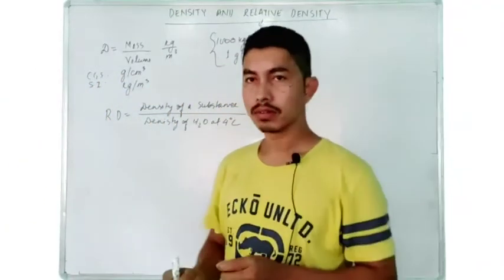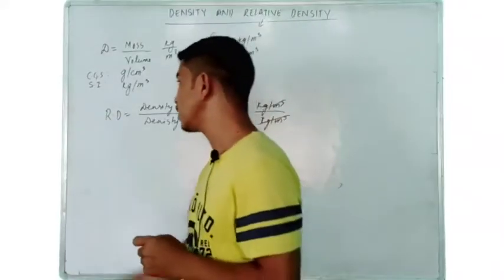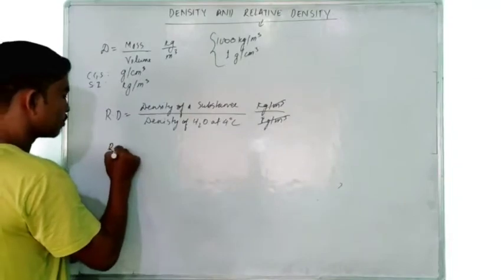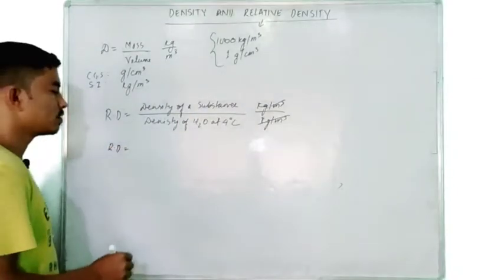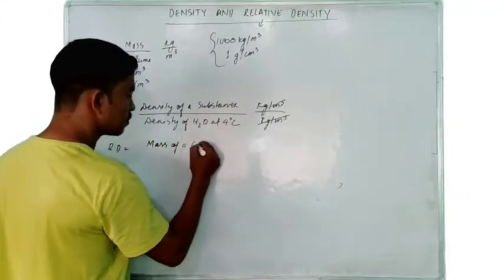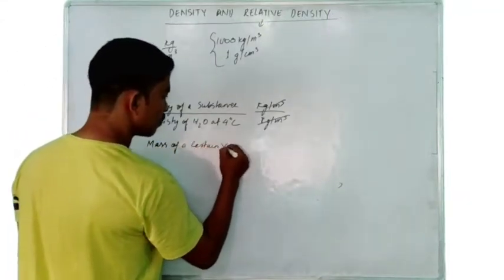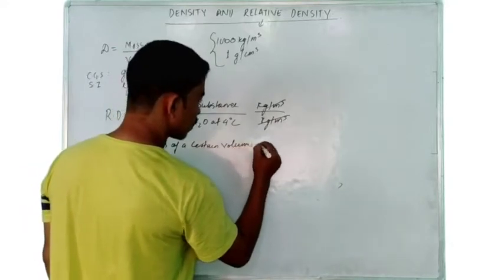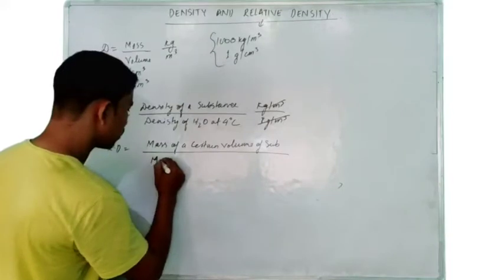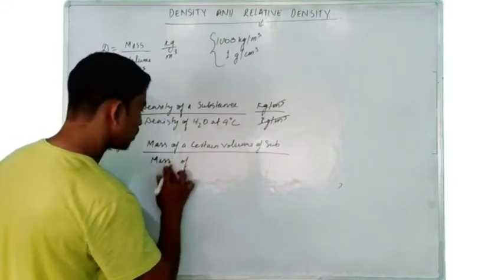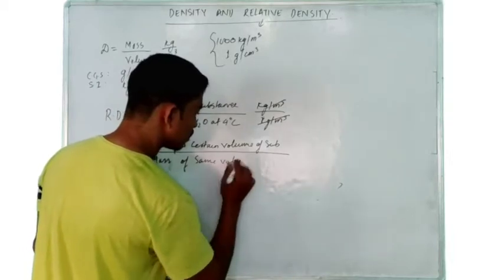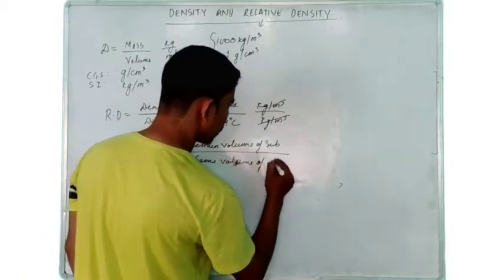So now there are different ways to determine the relative density of a substance. The first, you can use the formula: the relative density is the ratio of the mass of a certain volume of substance divided by the mass of the same volume of water.